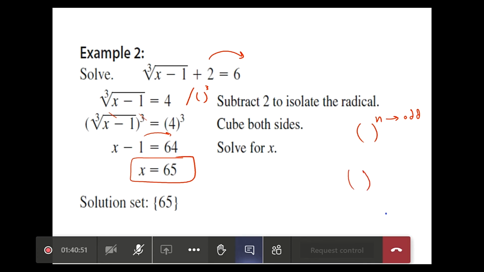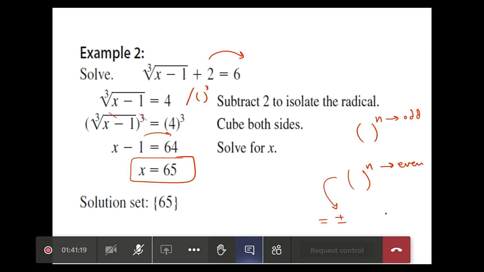But if we have this even (زوجي), we must put positive, negative. Okay? Here. If we take the power n for both sides, and we have even (زوجي), we must put positive, negative. Okay, for both sides.